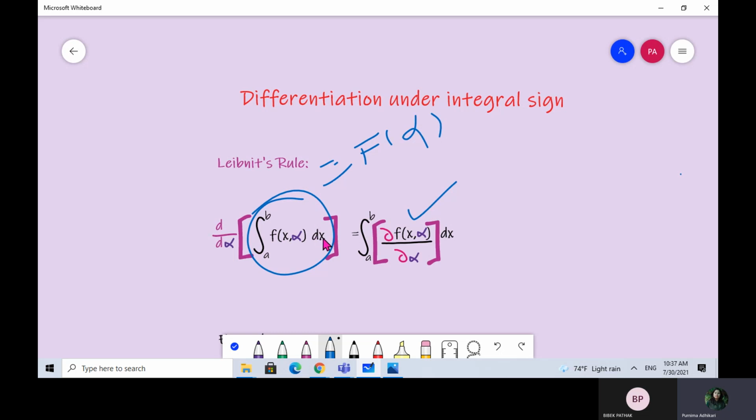So your x vanishes and you are only left with alpha. So it is a function of alpha only, hence ordinary differentiation. Here, on the other hand, you have to differentiate with respect to both x and alpha, so that is why we are using partial derivative here. Now is it clearer?